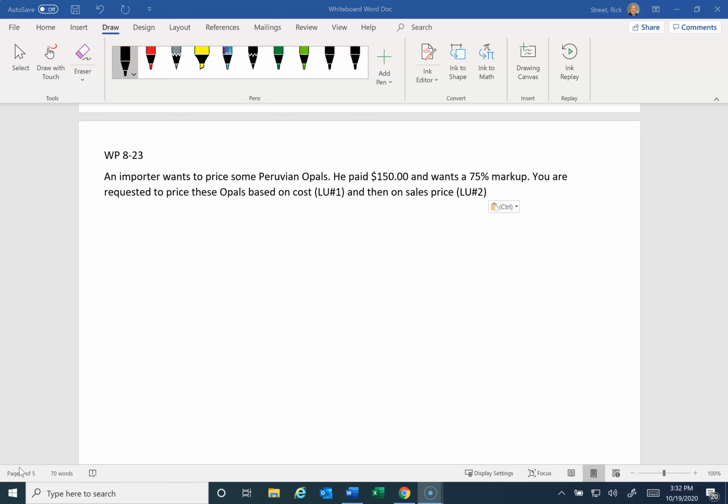Now let's take the same process now, except this time we're going to do it on the sales price. So again, our sales price is unknown, our cost is $150, and our markup we don't know. So let's build our table.